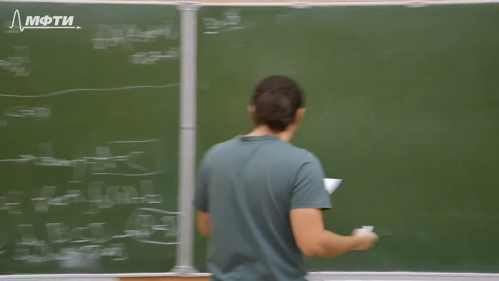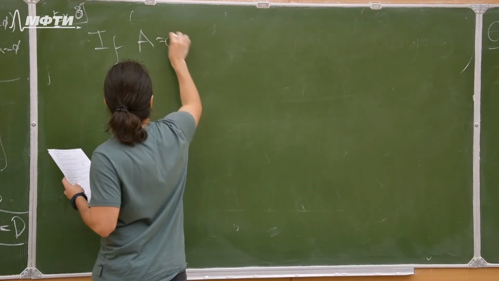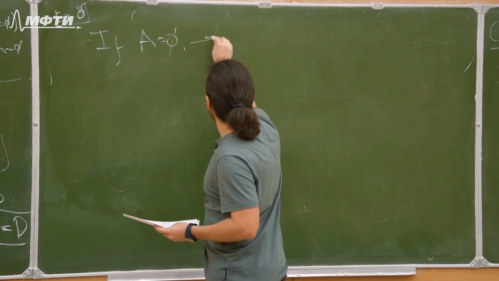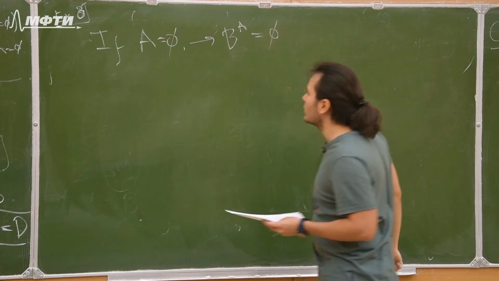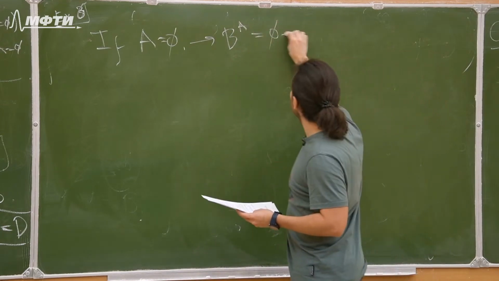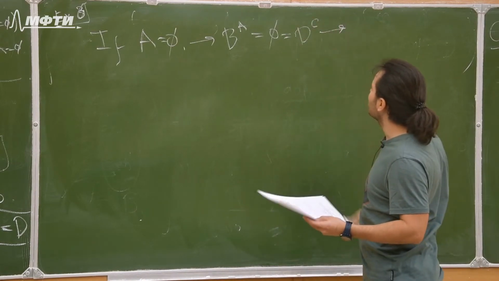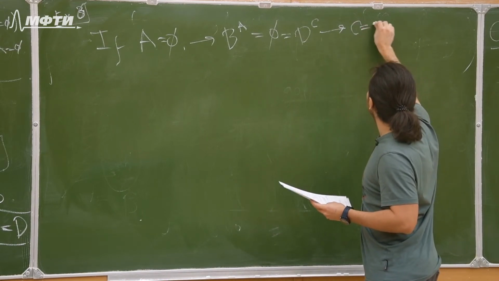So what if A is empty, for example, right? Then we obtain that B to the A is going to be empty as well, right? And this is equal to D to the C. So we can obtain, for example, that C is empty, right?